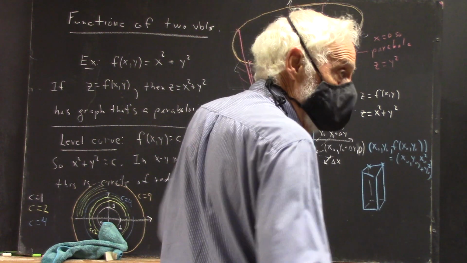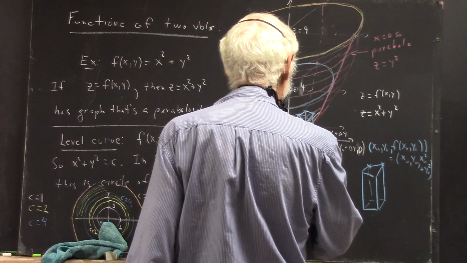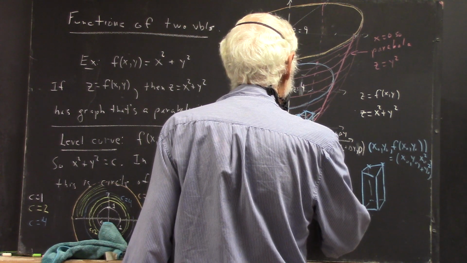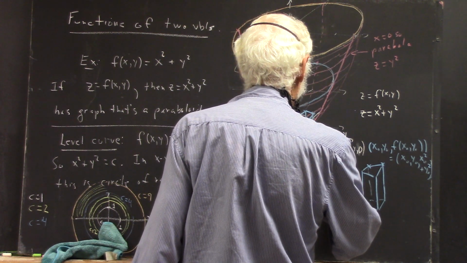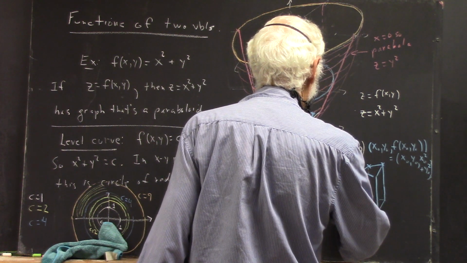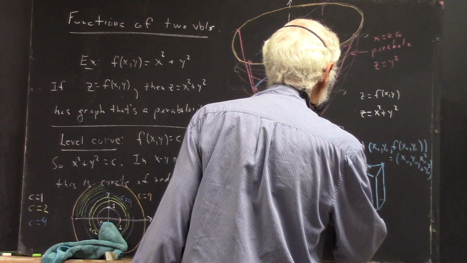Okay, I believe you're seeing it, haven't written it down yet, but at this point, it's x naught plus delta x, y naught plus delta y, 0.